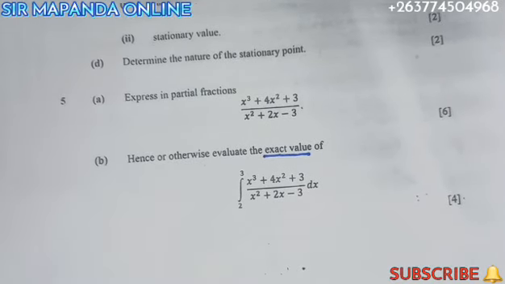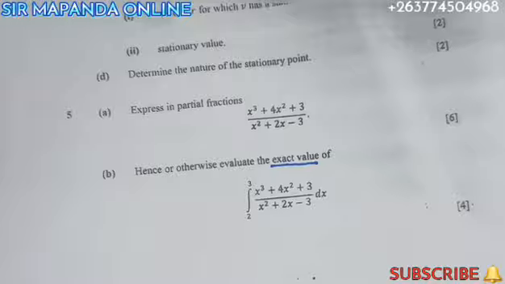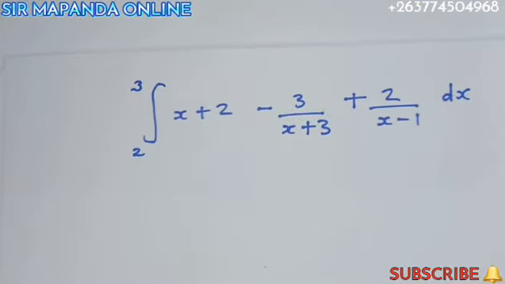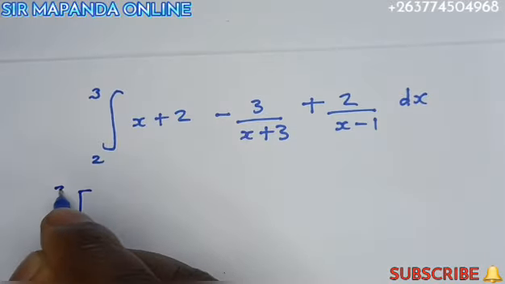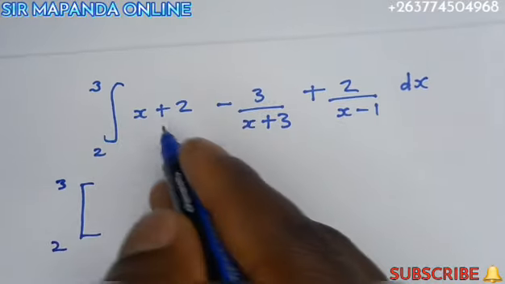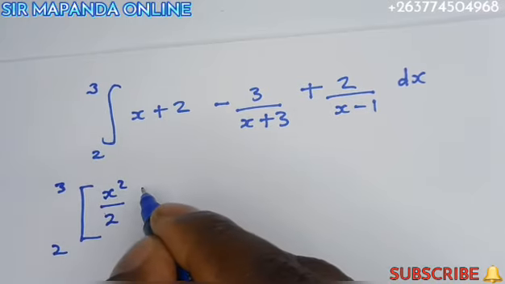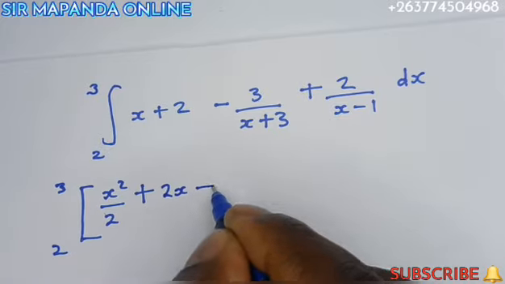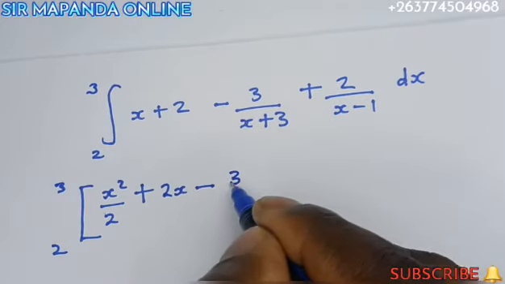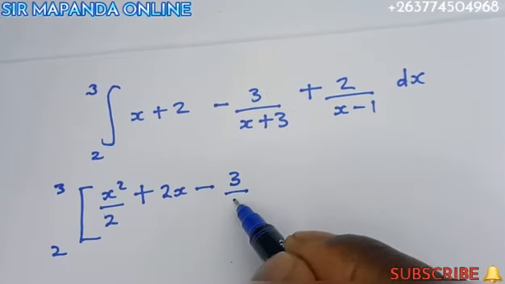So for you to integrate, you use the result that we obtained in part A after expressing it in partial fractions. So you get something like this, right? So the integral of x, you get x squared over 2. Then the integral of 2 is 2x, minus, you have 3 on top, divided by the derivative of x plus 3, which is 1.